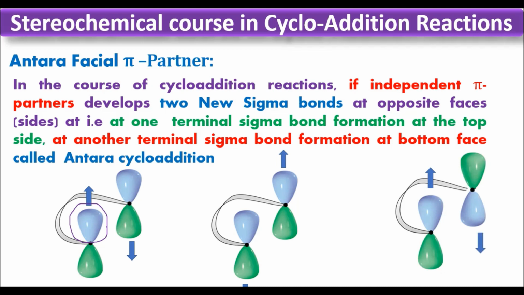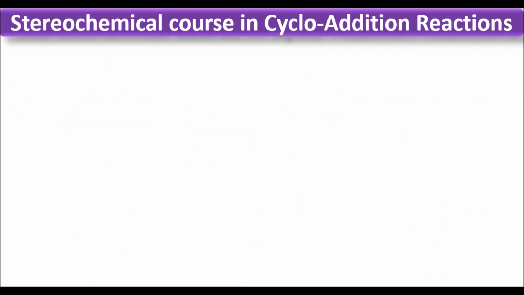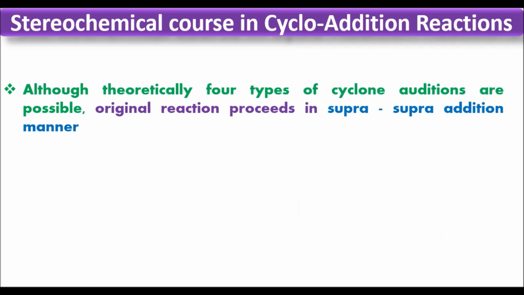You see this example, one is forming at the bottom side, another one is forming at the top side. So here one is forming at the top side, another forming at the bottom side. That means during the cycloaddition reaction, opposite side lobes, not sign lobes, opposite side lobes are involved in sigma bond formation, that is called antarafacial cycloaddition.